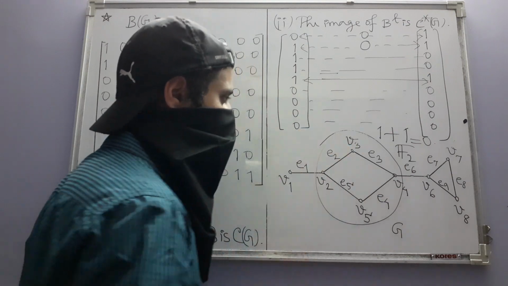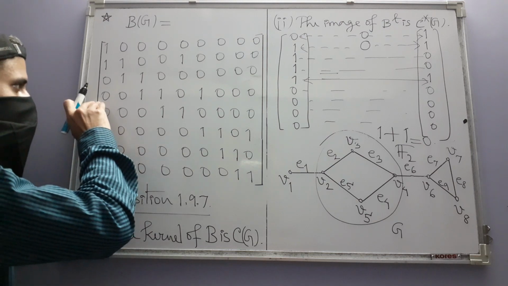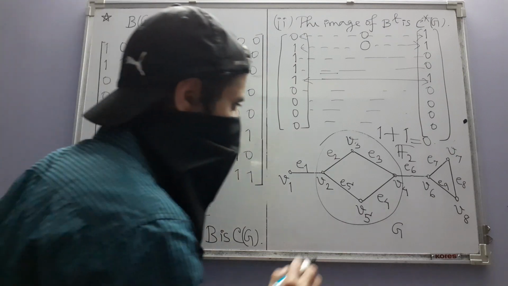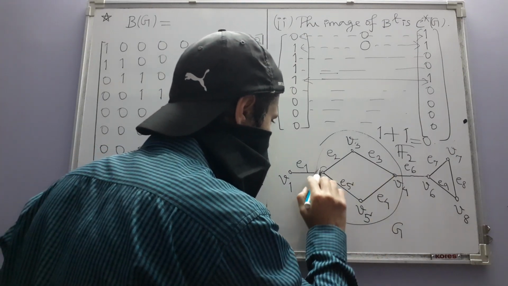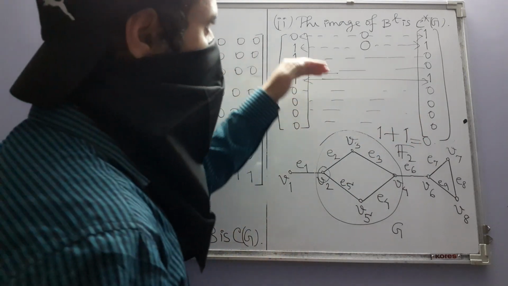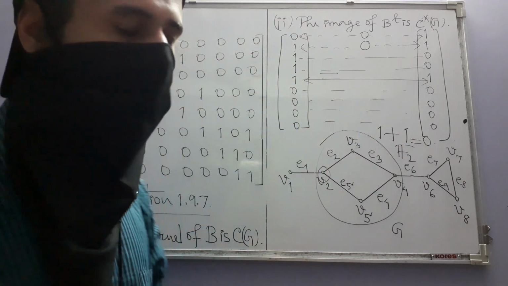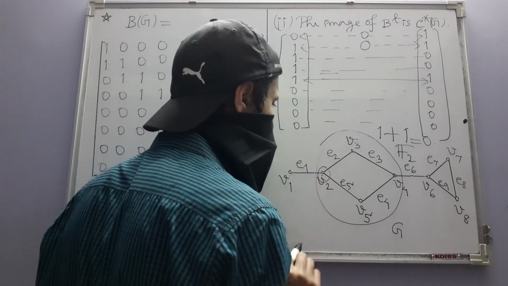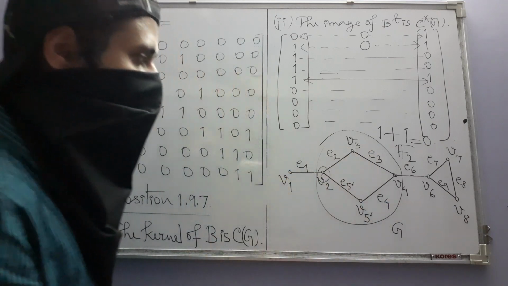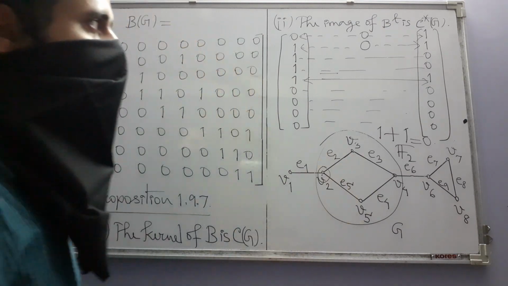What would happen for the other things? Note that when you multiply a row with a column, that row corresponds to a vertex, some vertex here. So when are you going to get this kind of thing that will give you 1? Precisely when this vertex is incident with such edges, also those edges that are coming from the cycle.